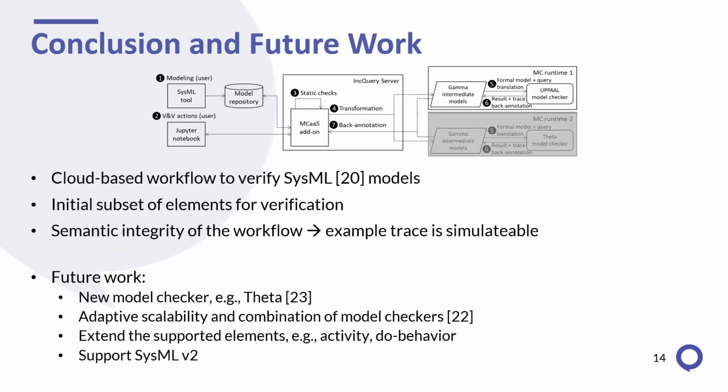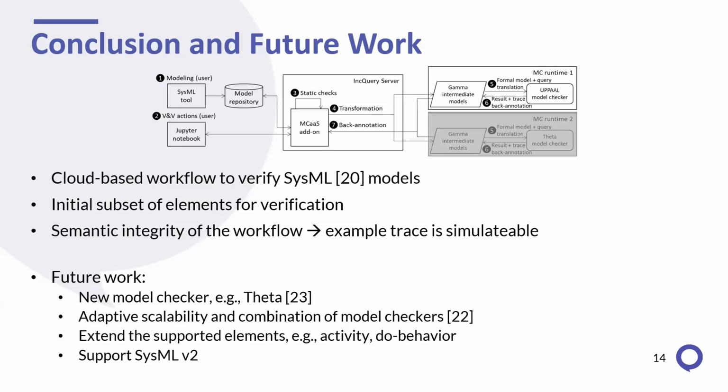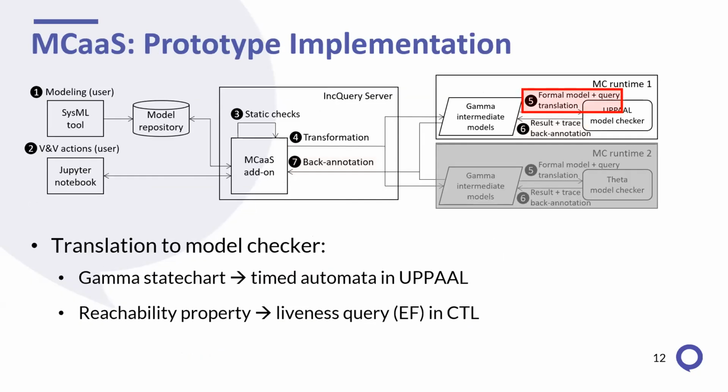The first one was referring to what kind of properties can be verified. So first we started with reachability properties, to find the state configuration for which the given property is true. These formal properties can also be extended to have not only liveness but, for example, safety properties as well.